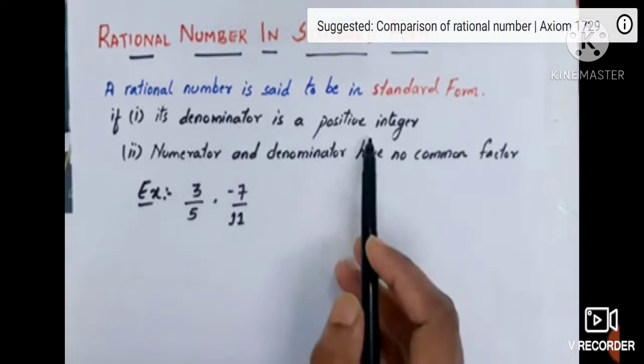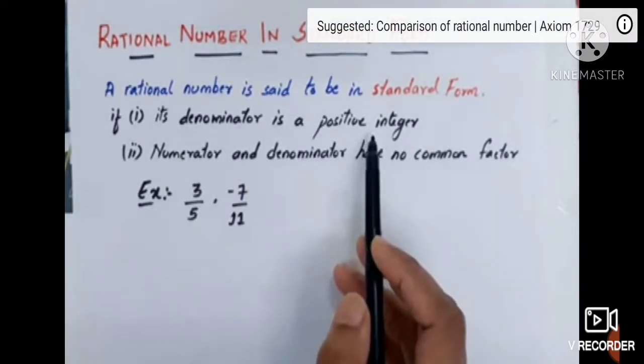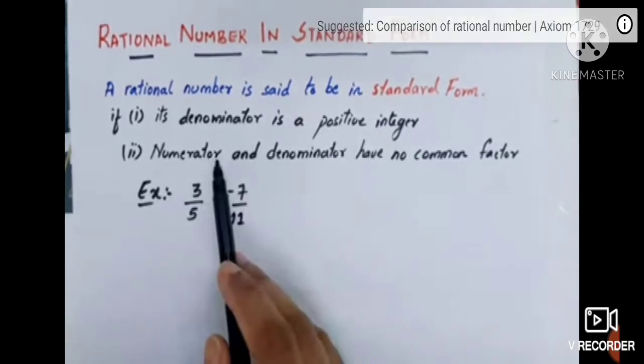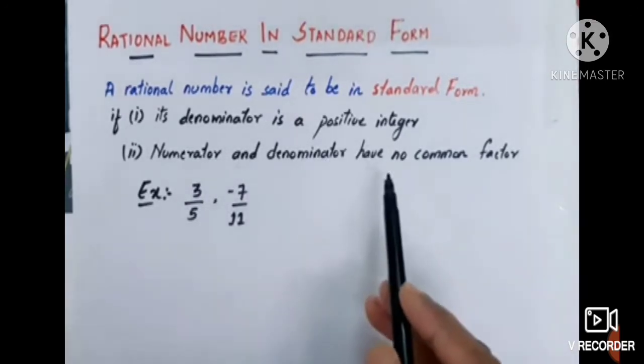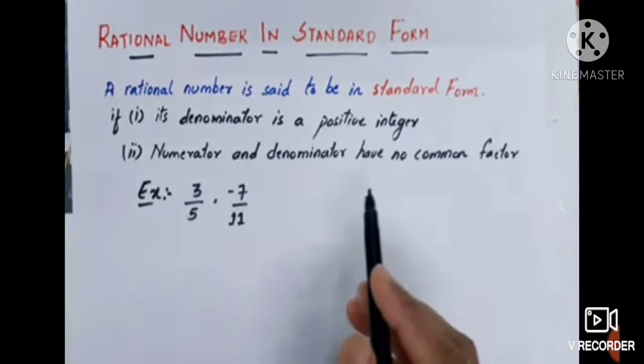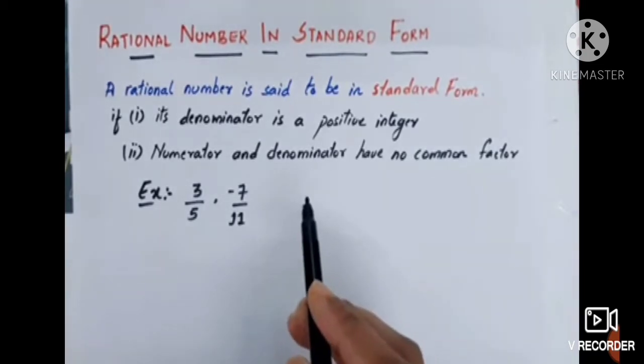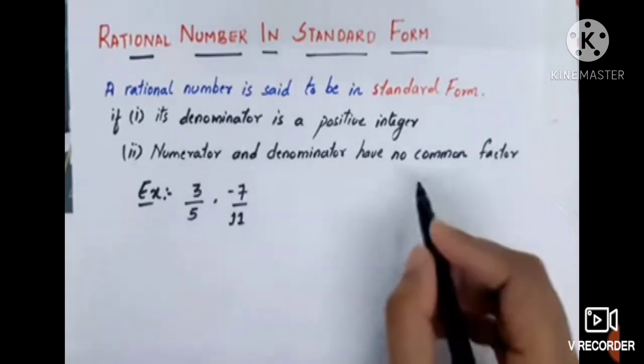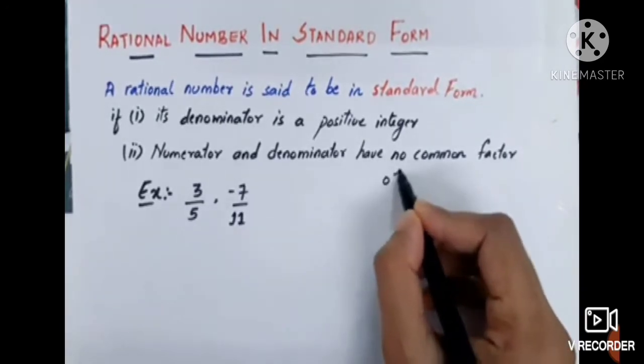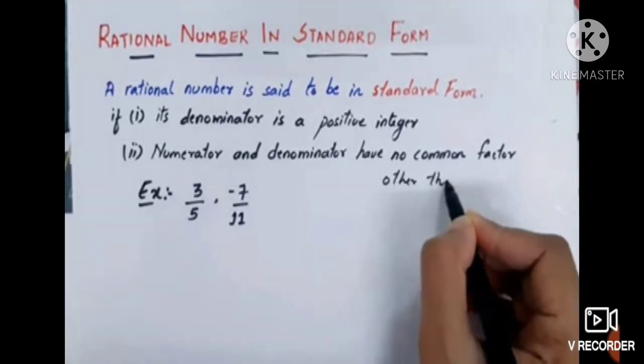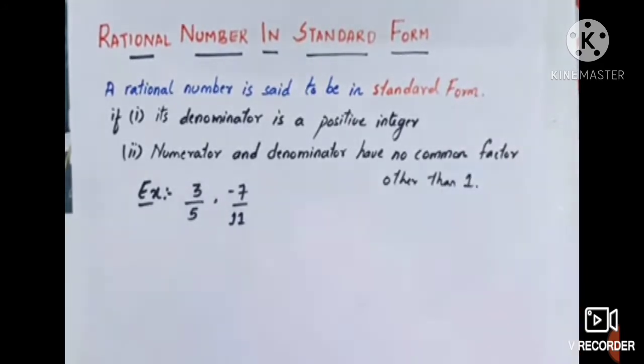The first rule is that the denominator is a positive integer, and the second is that the numerator and denominator have no common factor other than 1. Then we can consider that rational number to be in a standard form. If it does not satisfy those two conditions, then we cannot call it standard form.